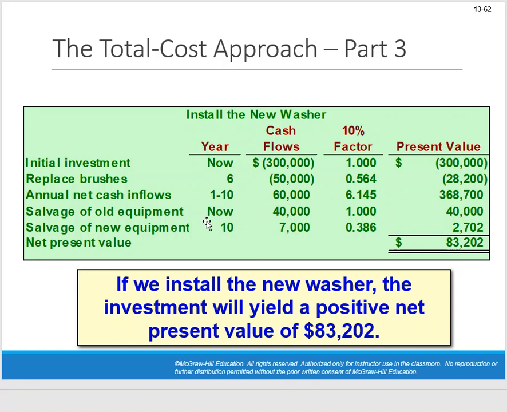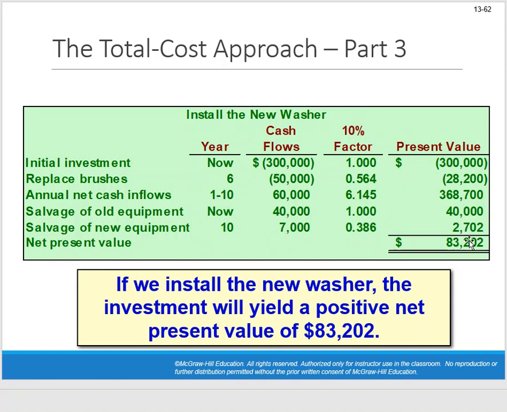We're going to salvage that old equipment now, so that's $40,000, and then we're going to salvage the new equipment at the end of year 10, $7,000, and our factor, we go to row 10, 10%, on the PV of a dollar table, so the first table, because it happens one time, and that's worth $2,702.